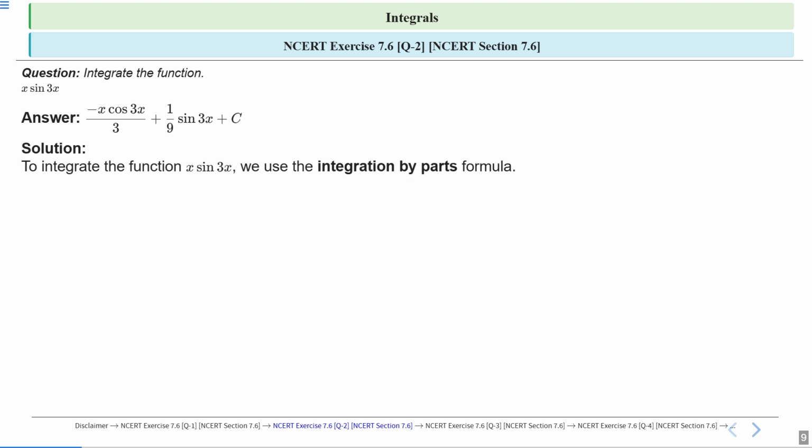To integrate the function x sin 3x, we use the integration by parts formula.